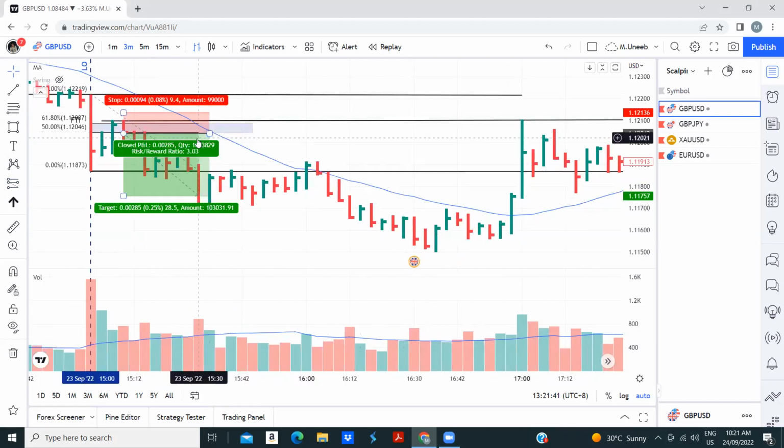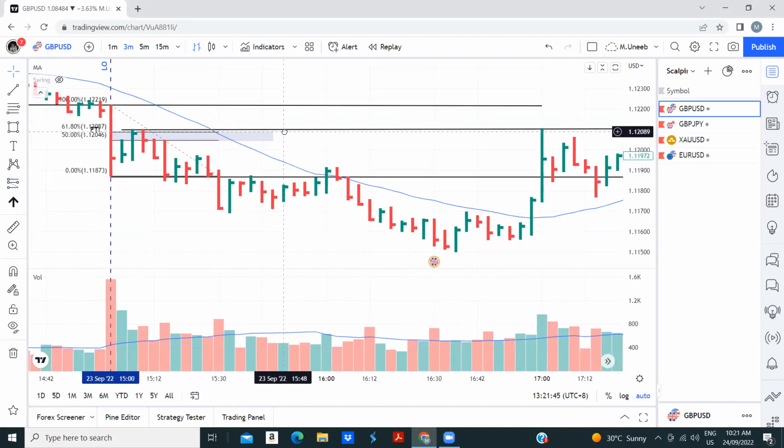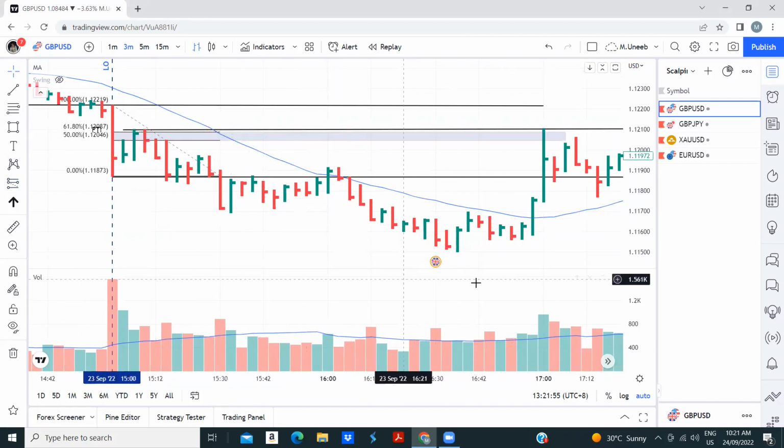Okay, now let's see here. If you extend this 50 and 60 further to the side, you will notice that it also rejects here. You can see the price rejects this high as well, and this as well.